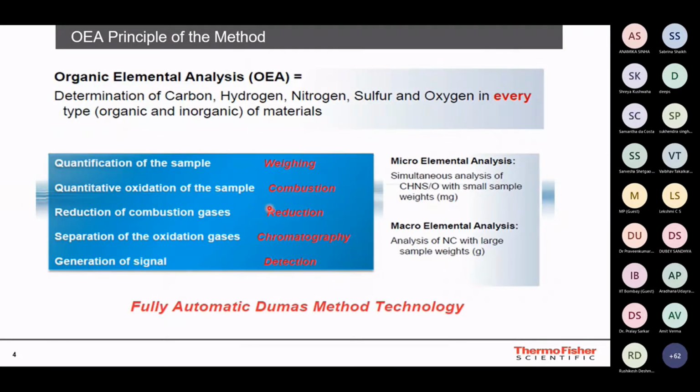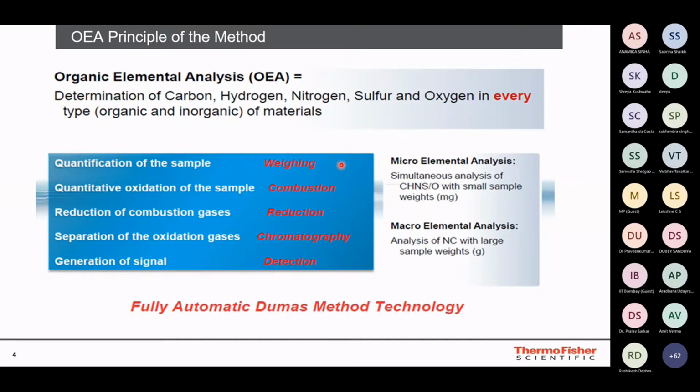So the principle of organic elemental analysis is the determination of carbon, hydrogen, nitrogen, sulfur and oxygen in organic and inorganic materials. Remember, friends, when we say inorganic materials, it is not truly complete, because our furnace temperature is not much more than 950. Only inorganic materials that are completely combusted at 950 degrees can be analyzed.